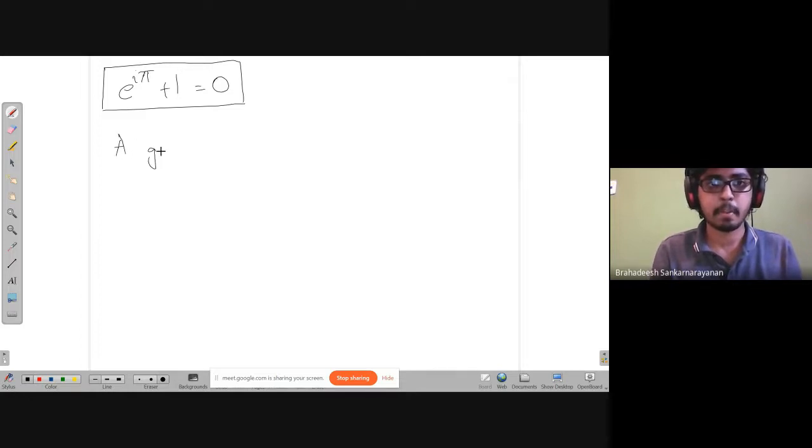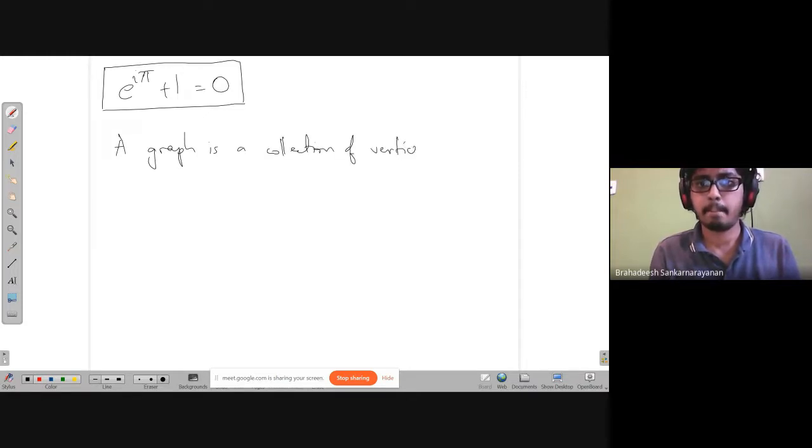A graph is a collection of vertices, and with some edges between them. With some edges between the vertices. This intuitive notion is what we call a graph.